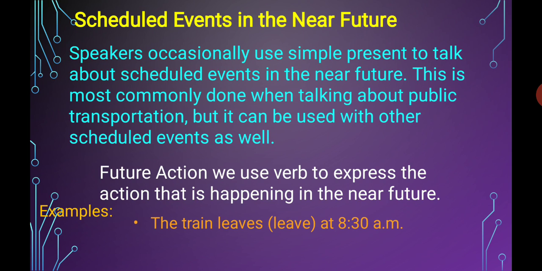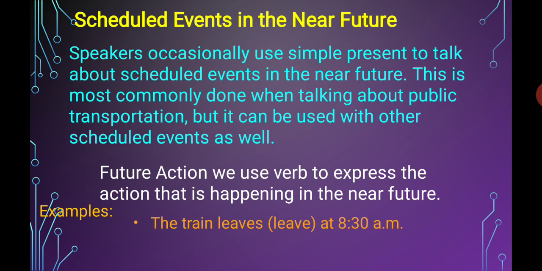And generally we use these uses for public transportation. Transportation for train, for bus, for car, anything else. The train leaves at 8:30 a.m. We are talking about the schedule of the train.